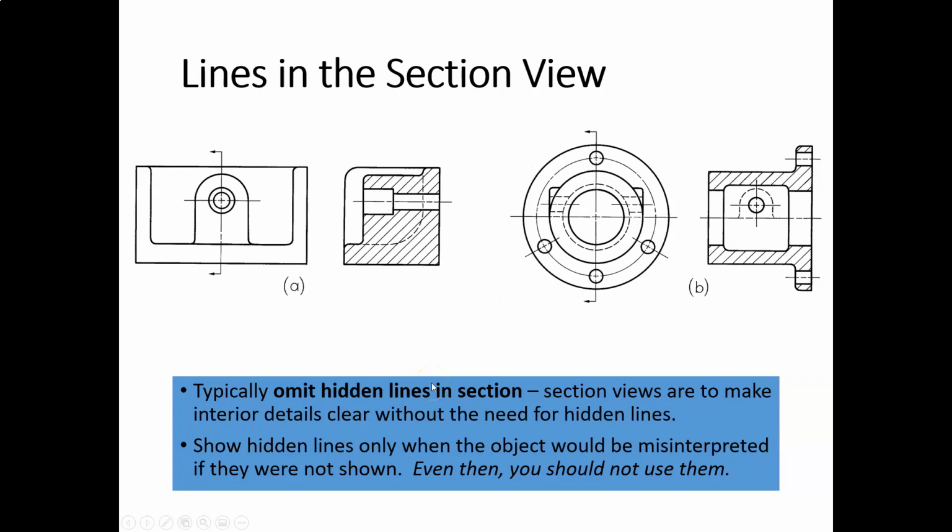I already mentioned that hidden lines are to be omitted in section views. Strictly speaking, there are some cases where we can use hidden lines in a section view. That's rare, and you really should try to avoid using hidden lines in a section view as much as possible.